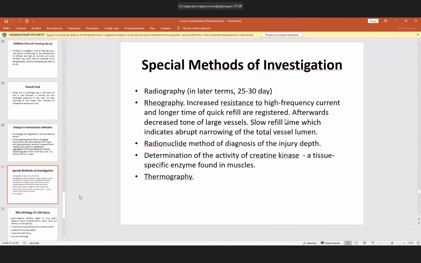Special methods of investigation: radiography, in a later term, 25 to 30 days.